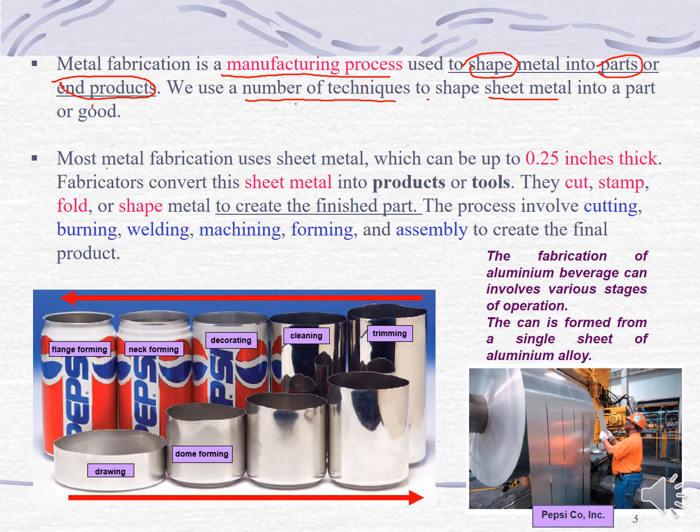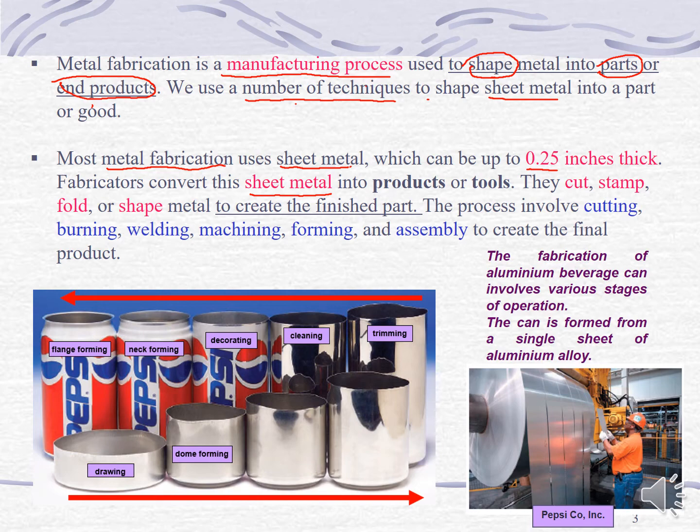Most fabrication techniques use sheet metal which can be up to 0.25 inches thick. The fabricators convert this sheet metal into products.